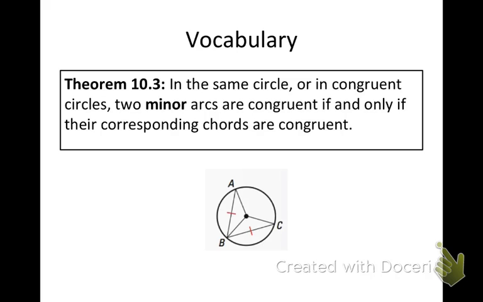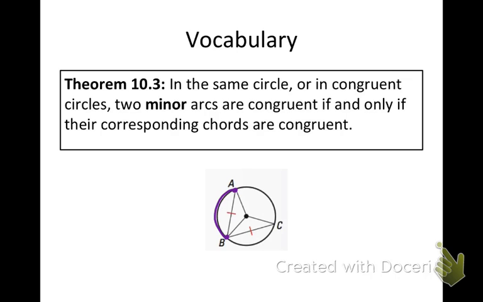So, let's quickly identify our two chords. Here I have chord AB. Here I have chord BC. Those little tally marks mean that they are congruent. So if these two chords are congruent, that means the arcs created by those endpoints, endpoint A and endpoint B, make arc AB, right?